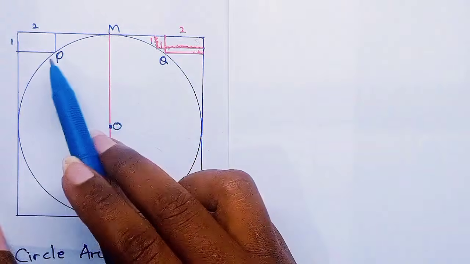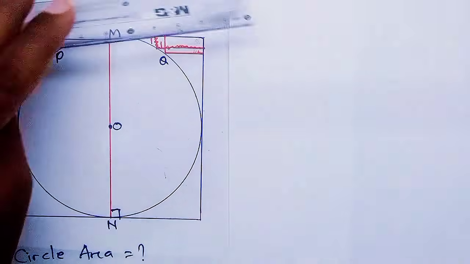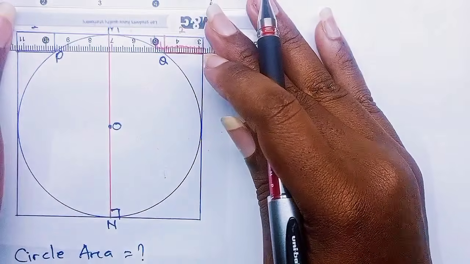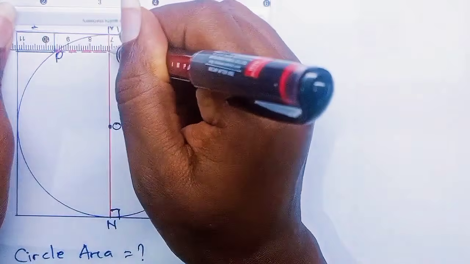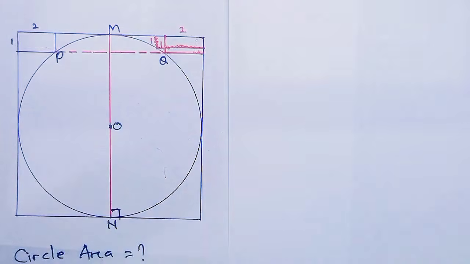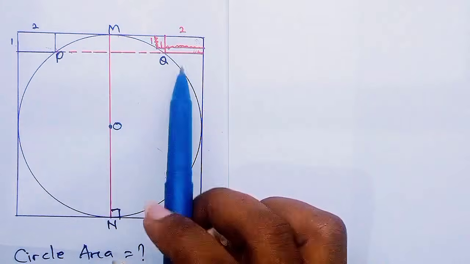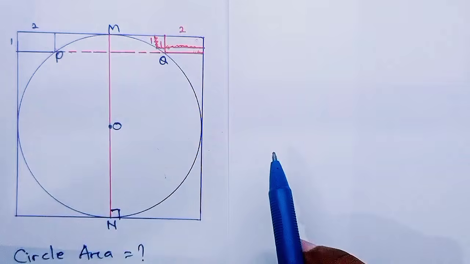Now, if I'm to connect point P to point Q, so we'd have something like this. If I connect them like that, then it means PQ would be intersecting with the diameter MN.